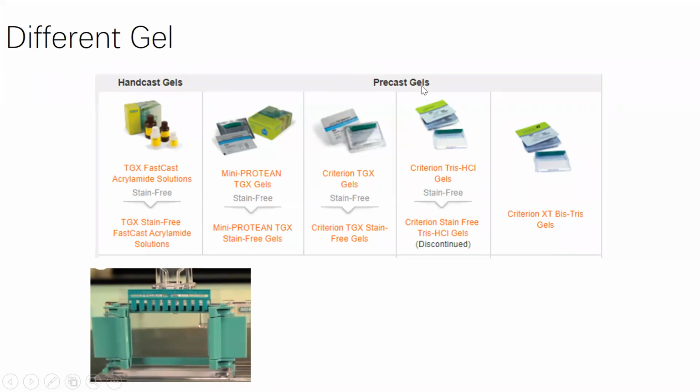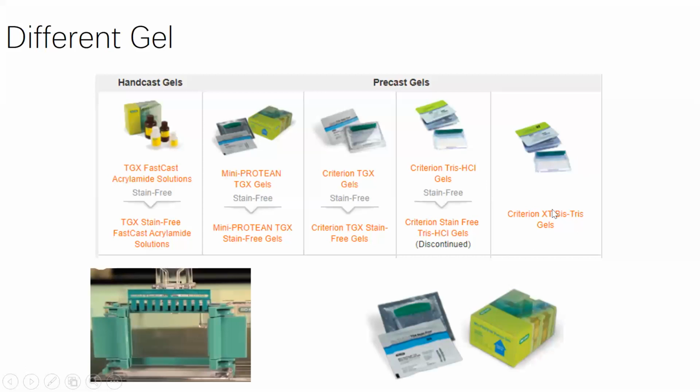Another is the pre-cast gel. There are many kinds of gels with different compositions, and you can choose by yourself and just buy it. If you have enough budget, that is not a problem. If you want to use it, you just take it out from the refrigerator and use it right away.